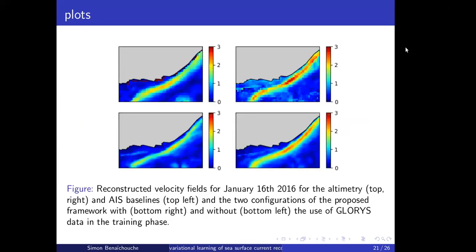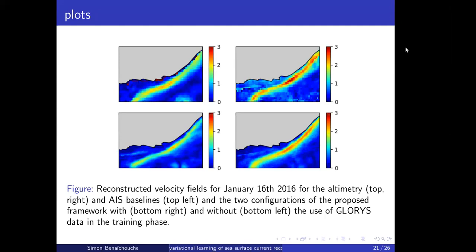Here is an example of reconstructed fields. So you have Aviso on the top left, which is a satellite altimetry, an optimal interpolation which is computed in the top right, and on the bottom you have on the left a field which is computed using only AIS data, and on the right the training with external data, so the network has seen GLORYS data.